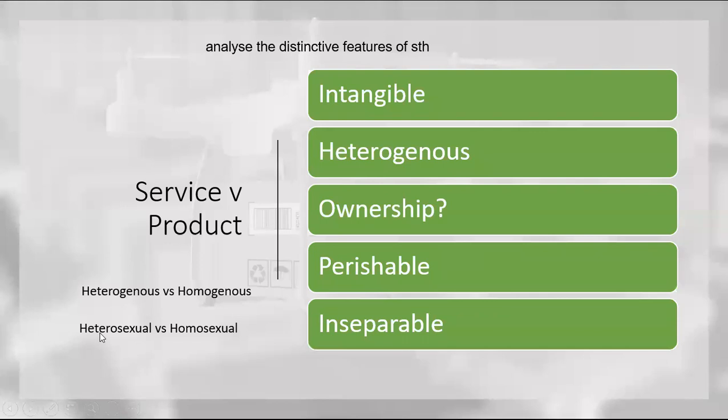Heterosexual is like men liking women, or women liking men. But homosexual is like man liking man, or woman liking woman. So hetero here means opposite or very different in characteristic, and homo here means very similar.